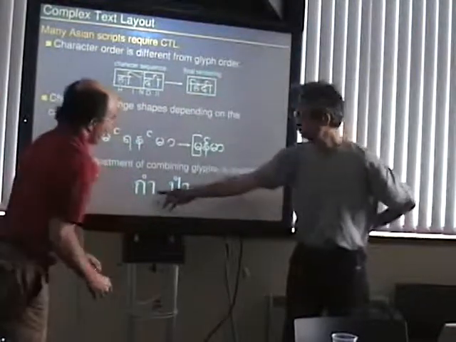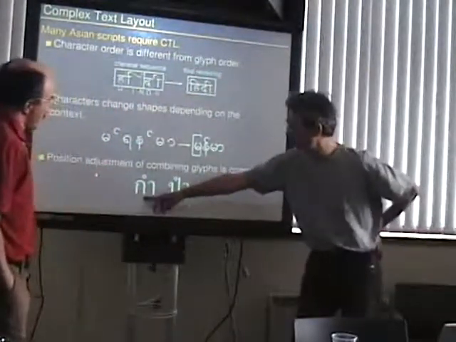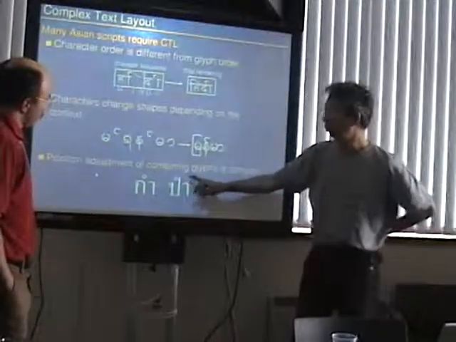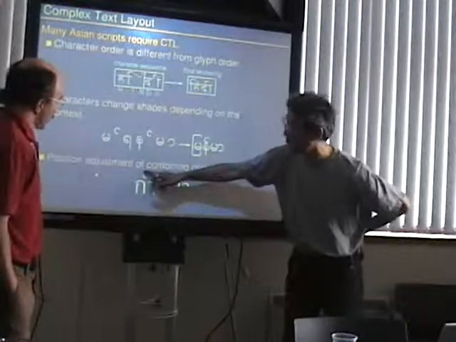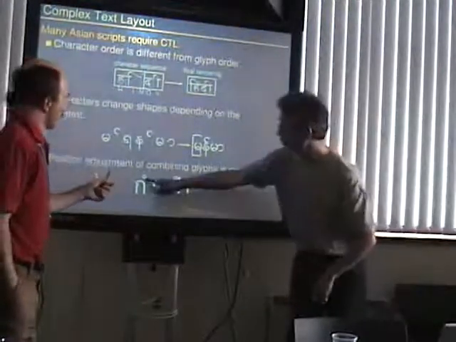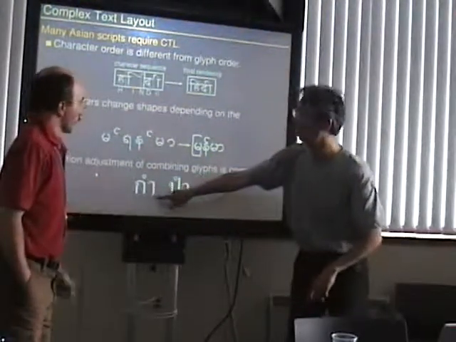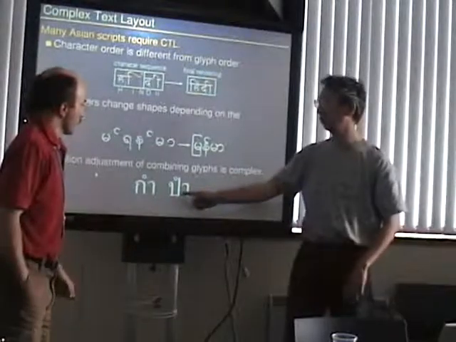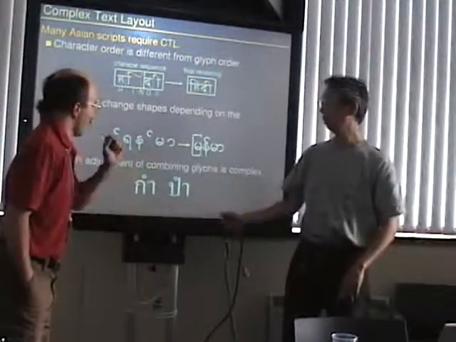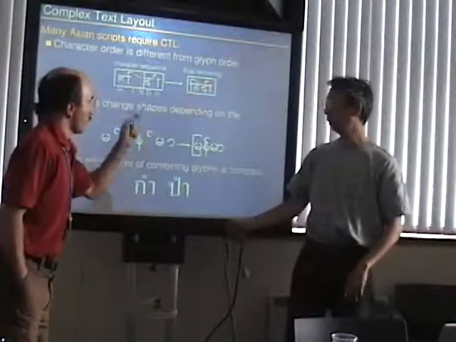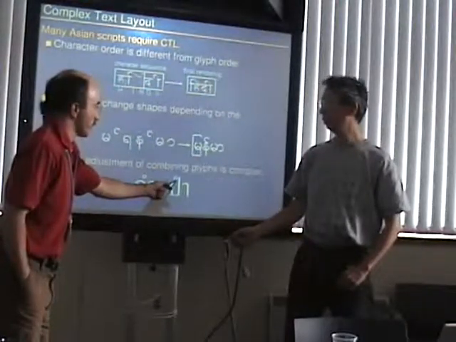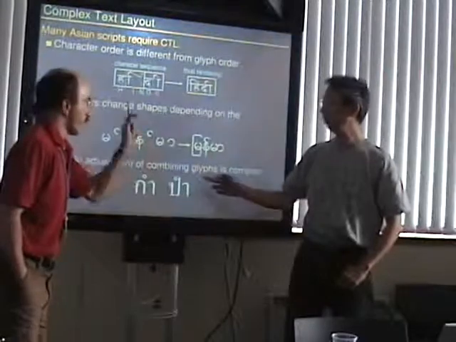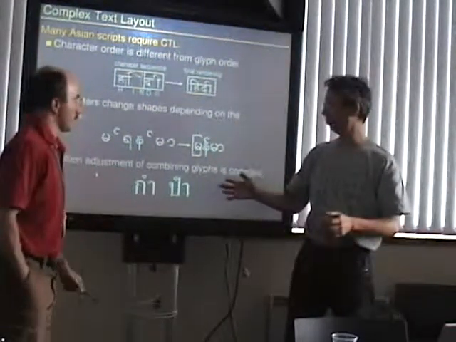Yes. So for processing this one, we first convert this single character and decompose it into this and this. Then we do a reordering. And then in FLT, you can reposition this, depending on what kind of font we are using.